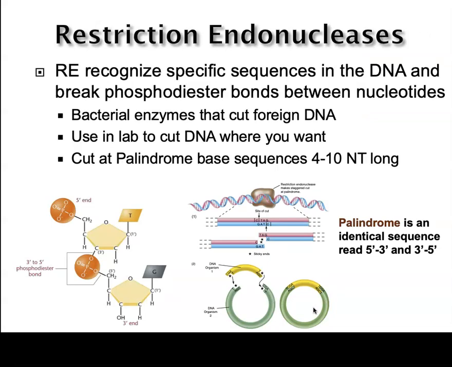All right, let's take a look at how these restriction endonucleases work. They're enzymes that cut DNA at very specific places, called palindromes. Each enzyme is different, and you can buy them for $30. There are catalogs. There's probably 1,500, maybe more, that people have discovered, and they're named after the bacteria.